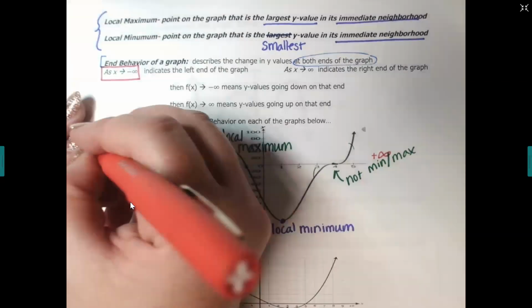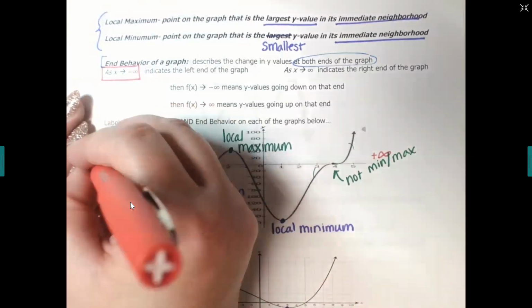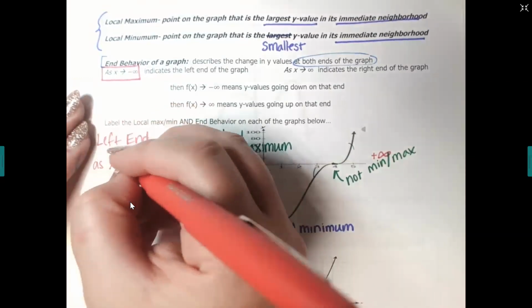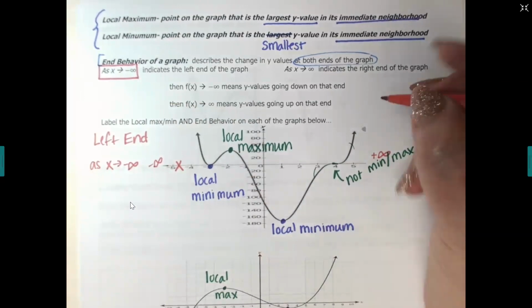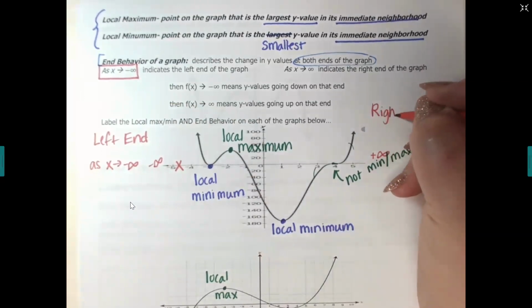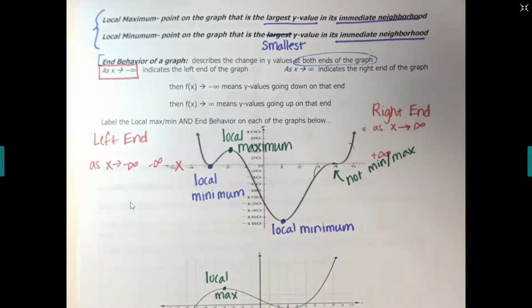So for the left end, you're going to say as x approaches negative infinity, versus on the right end, you're going to say as x approaches positive infinity. Left end, x goes to negative infinity; right end, x goes to positive infinity.